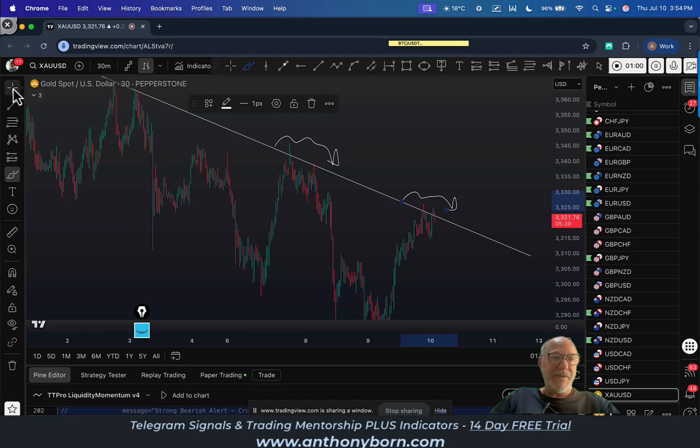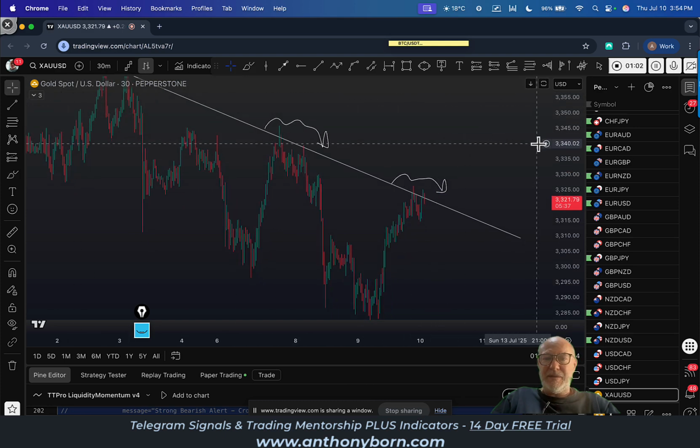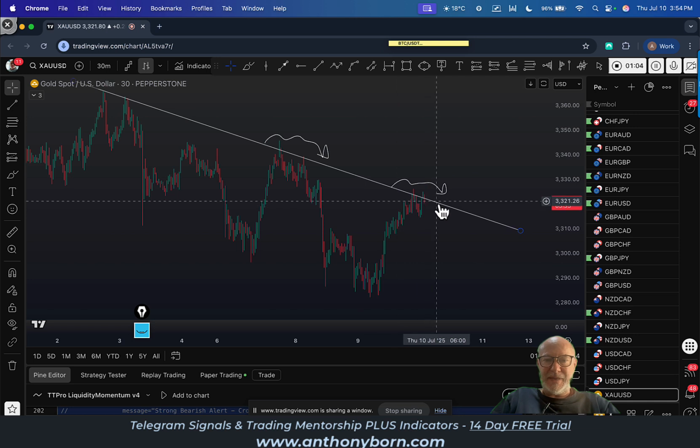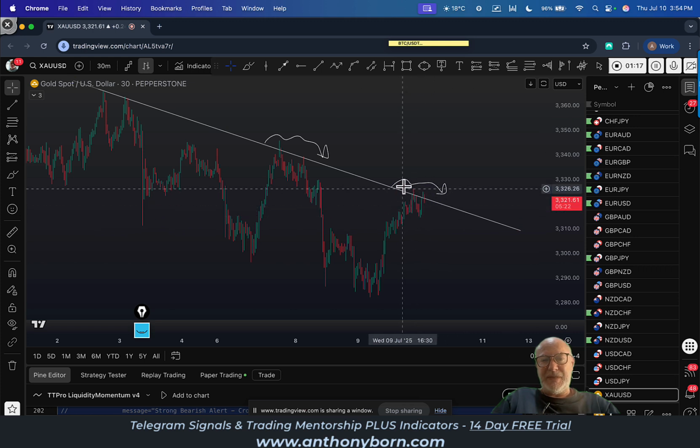Very simple strategy. But you really need systems in place that tell you when there's momentum behind it, when the liquidity's building, shorts. What else do you need? I mean, you want to see that sellers are in control.